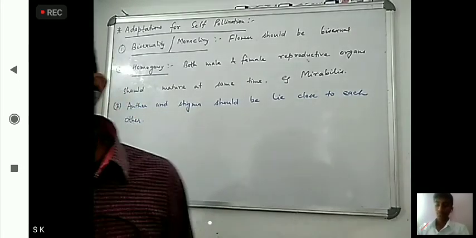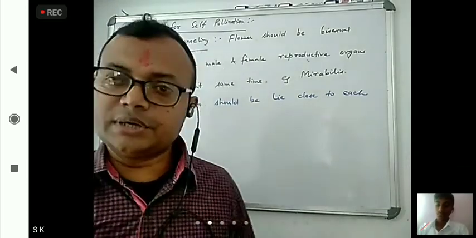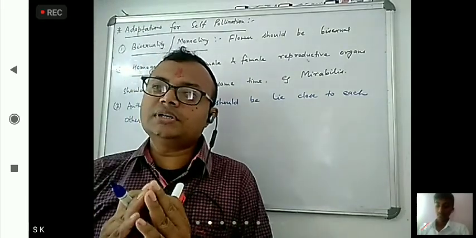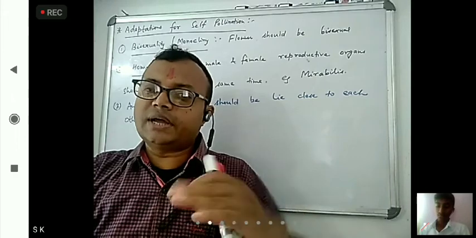The next adaptation is cleistogamy. Cleistogamy means the flower should be closed, with no contact from outside.